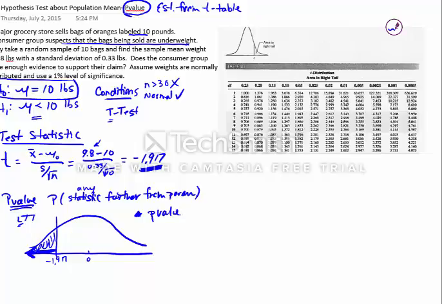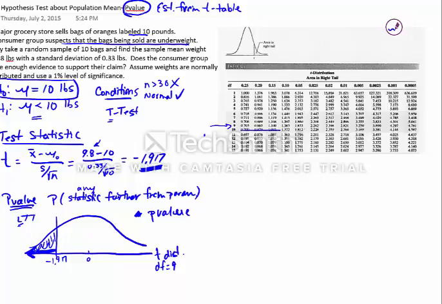Now our normal distribution table allows us to find these a little bit more precisely. The t-table doesn't work as nicely. So our t-distribution has degrees of freedom 9 here, 1 less than the sample size. And so if we look along the line for 9 degrees of freedom, these are all t-scores here. And so we're looking for a t-score close to negative 1.917, but of course these are all positive.